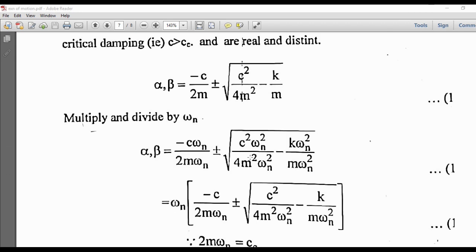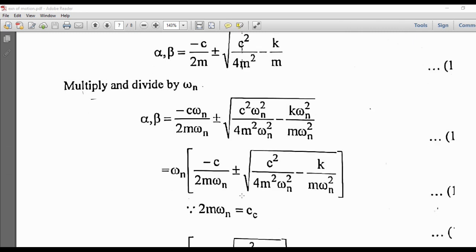So that is what we have here. So this becomes c square by 4m square omega n square minus k by m, divided by omega n square. I can write 2m omega n as cc. We know this equation from the previous steps. So I'm substituting the formula of 2m omega n as cc here.